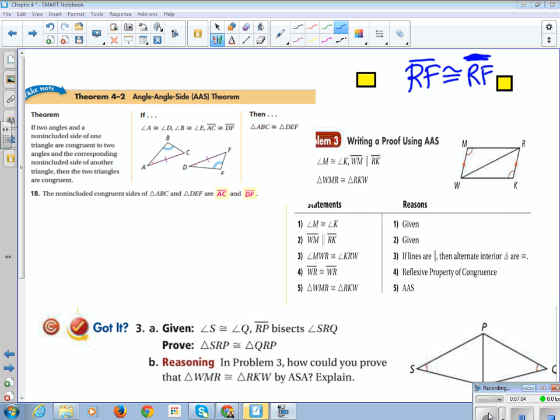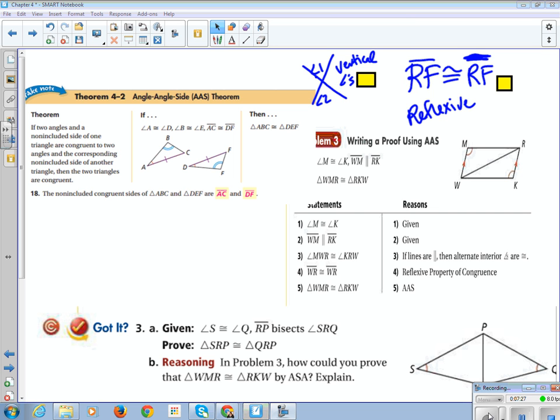It's the reflexive property. So remember, we have to keep that in our back pocket. What's the other property that we got to keep with us? Vertical angles, because those kind of things come up. We learn them in the previous sections, but they keep coming up over and over and over again.